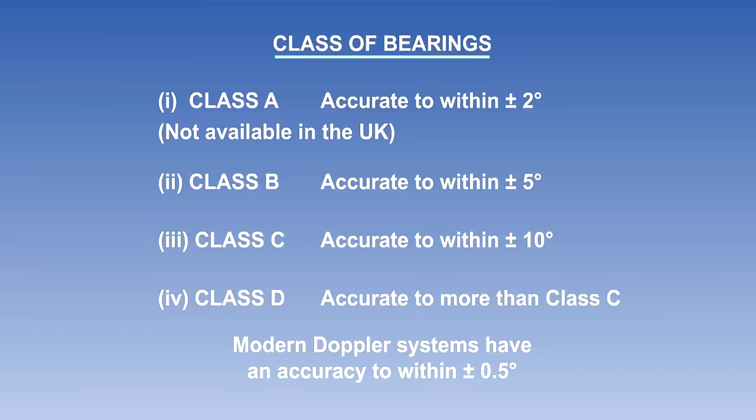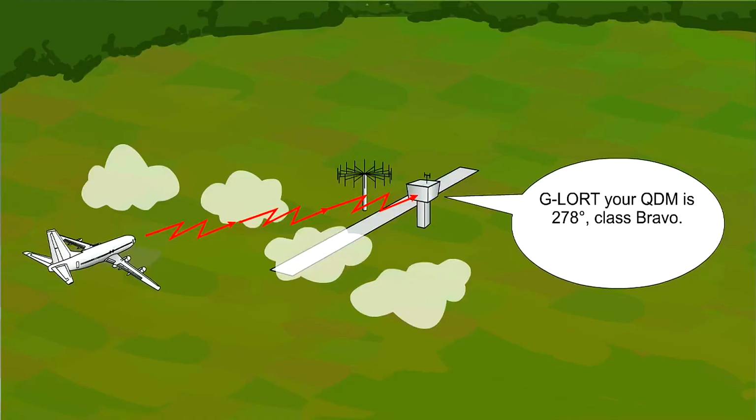A further use of the VDF system is to provide a let-down service where there are no other aids, such as an NDB or ILS. There are two types of VDF procedure, QDM and QGH.